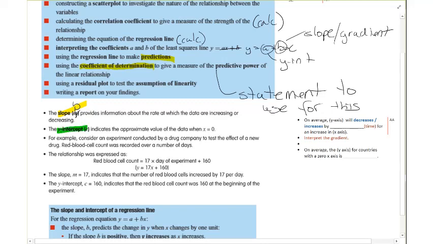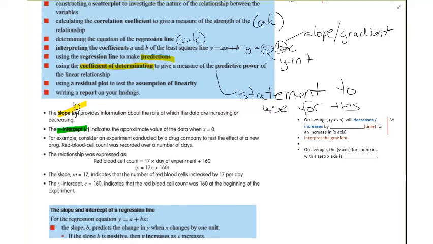Remember, you've got to look at the y-intercept in the context of the question, because sometimes it has no relevance, as it might be talking about something that's not realistic, and sometimes it is relevant. It depends on that context.